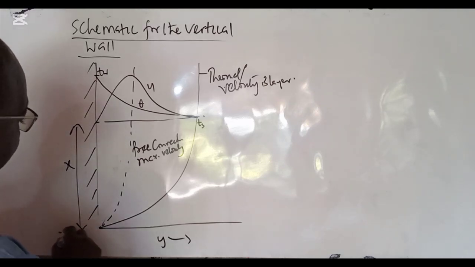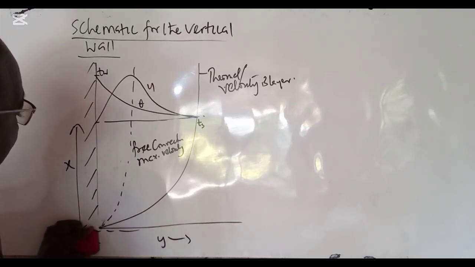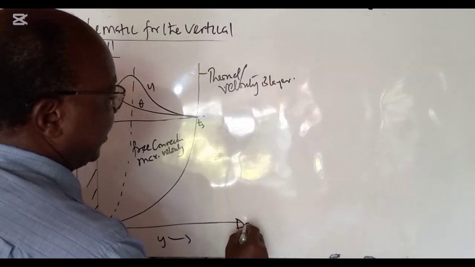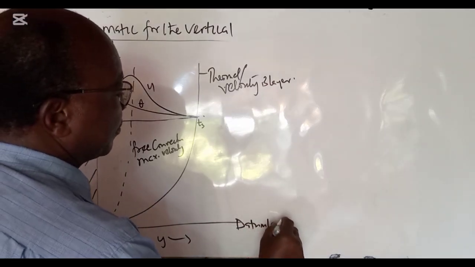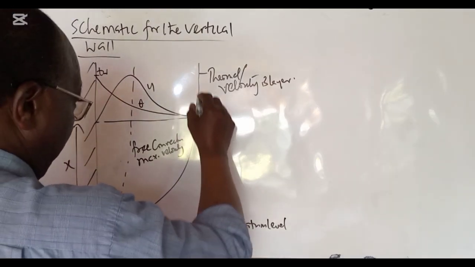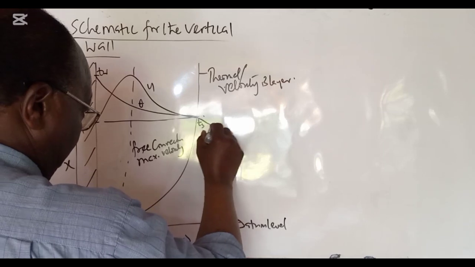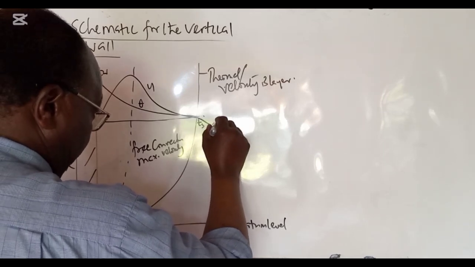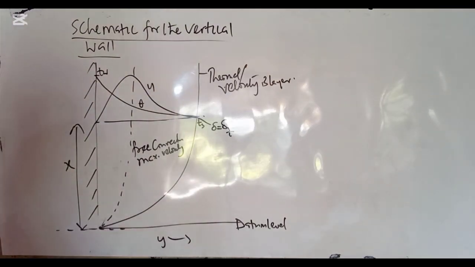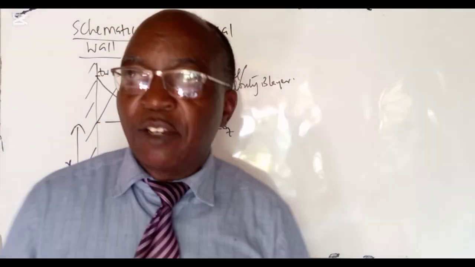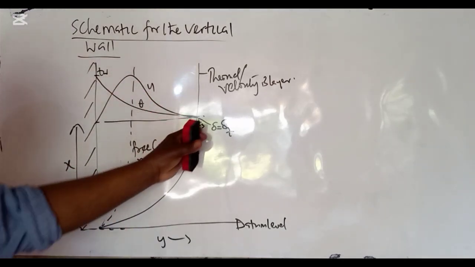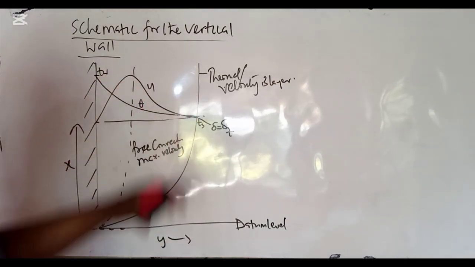Let's call this also our datum level. And we say that at this point here, sigma is equal to sigma t. So that was a schematic which we had developed for the vertical wall. So we have our y-axis, x-axis, temperature at the wall, and then we have also the velocity profile.